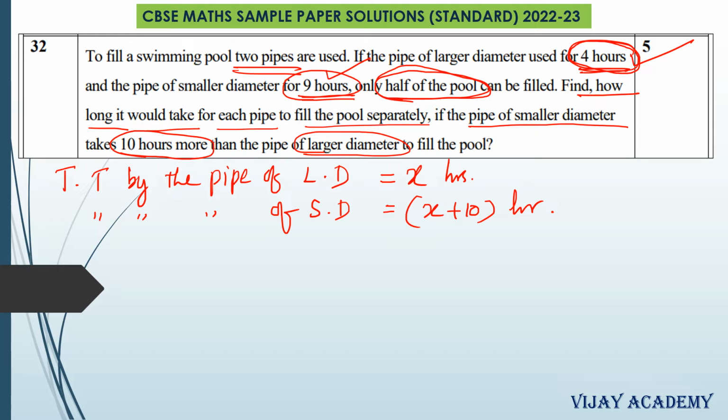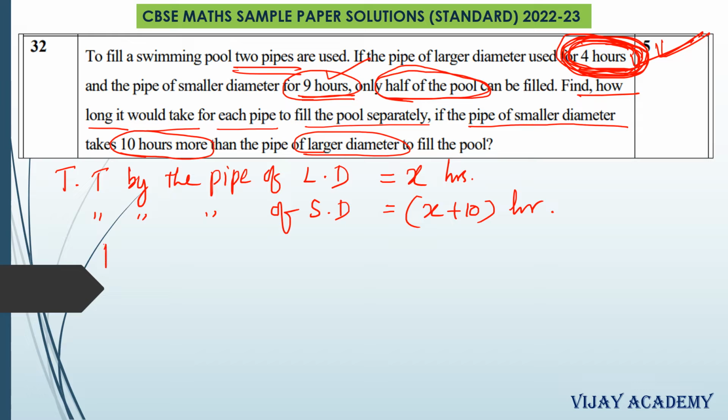So here we go with the unitary method, because we need to find out the part of the pool filled by the pipe of larger diameter used for 4 hours. For that, first let us find out what part of the pool is filled by this pipe in 1 hour.